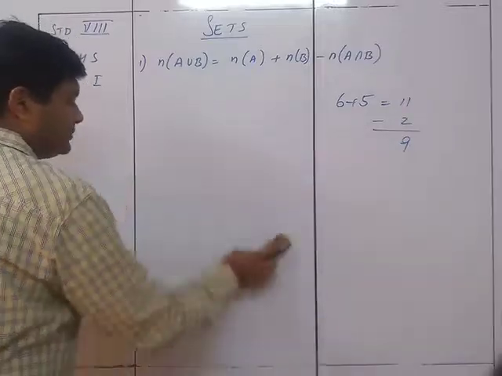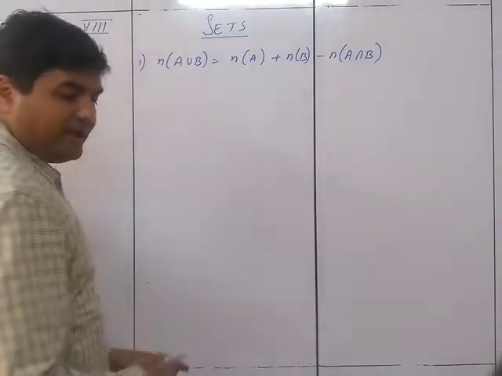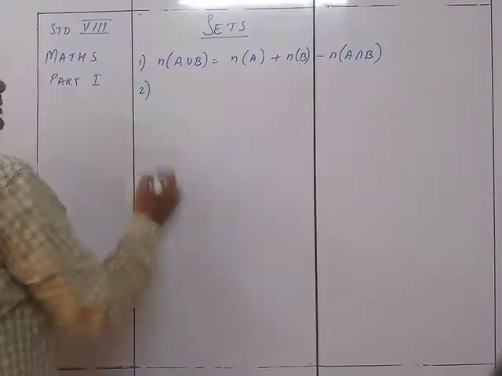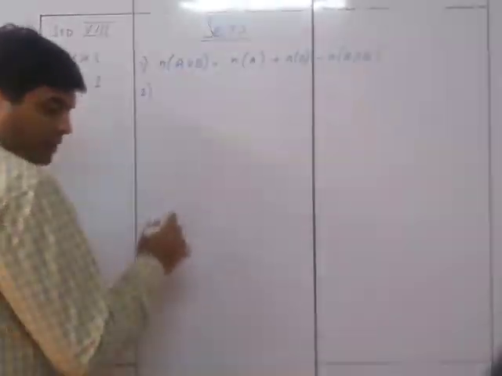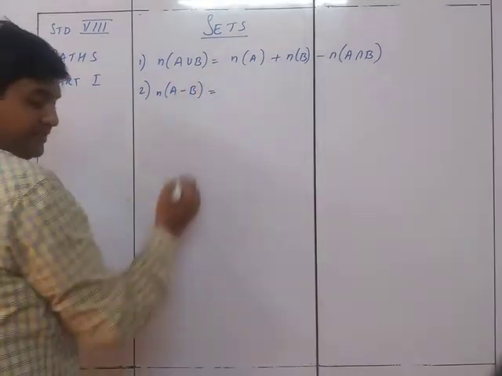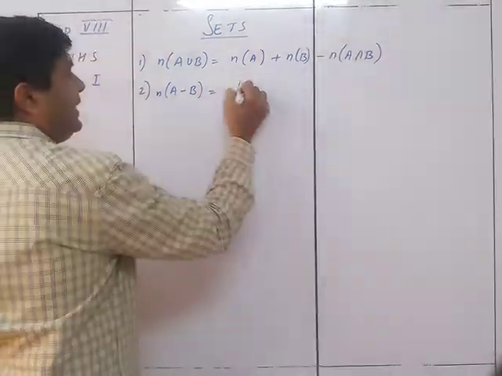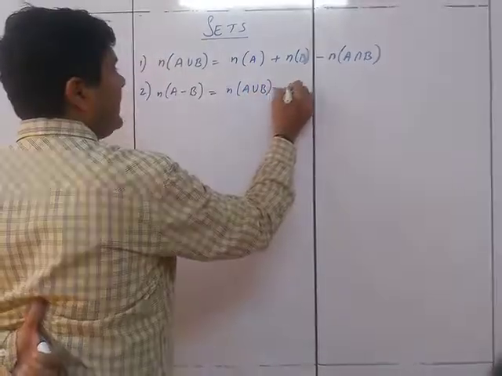So that's the first formula. n(A union B) is equal to n(A) plus n(B) minus n(A intersection B). The second one: n(A minus B) is equal to n(A union B) minus n(B).